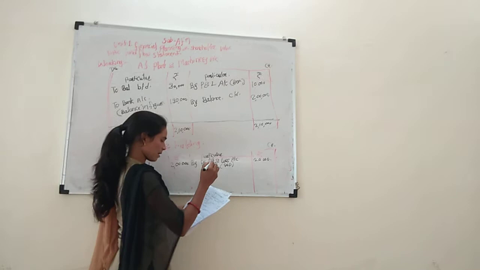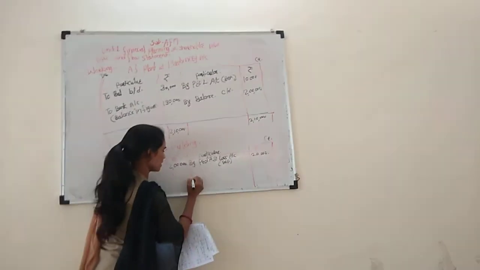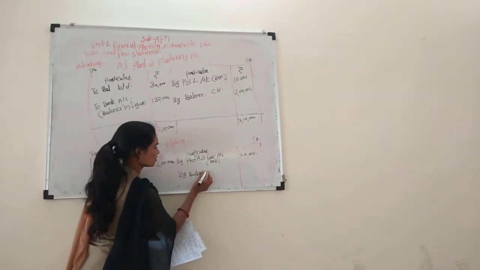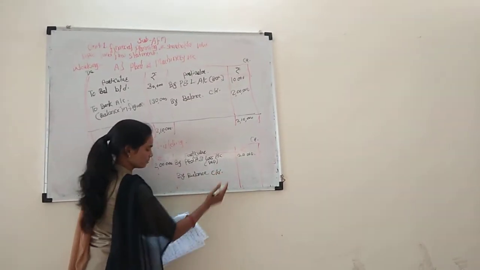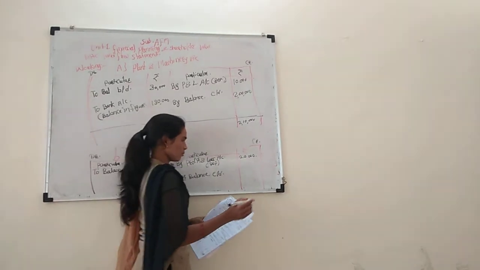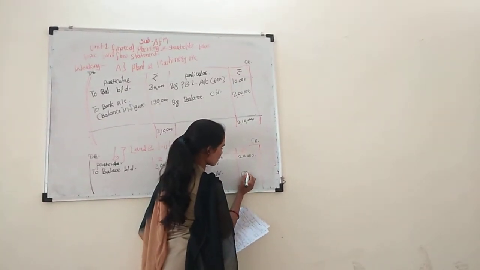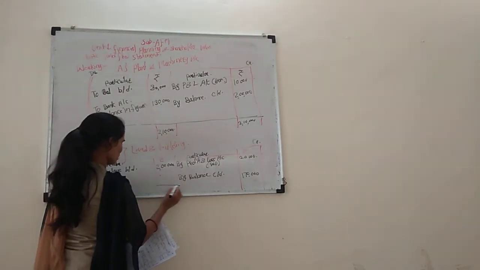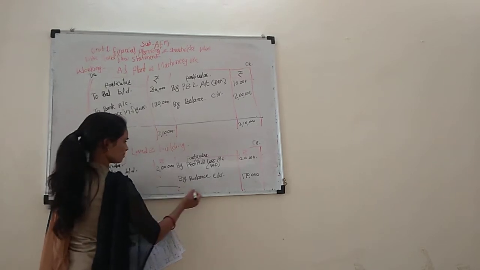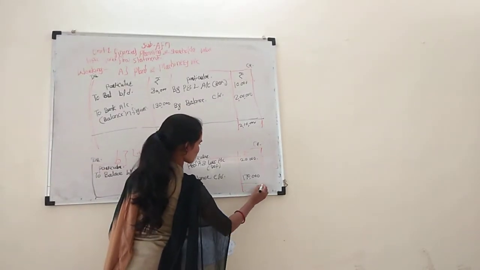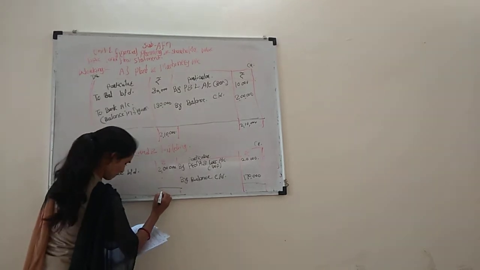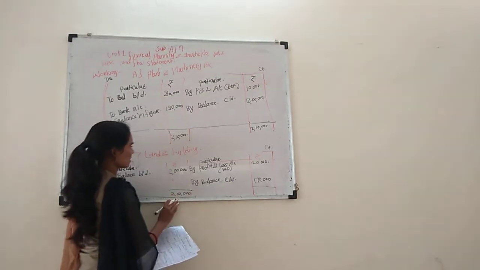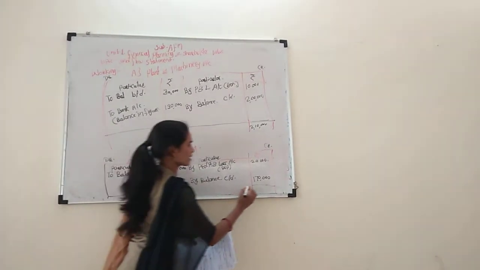And next one is by balance carried down, 1,70,000. Total is 2 lakh. This side debit side 2 lakh and credit side 2 lakh.